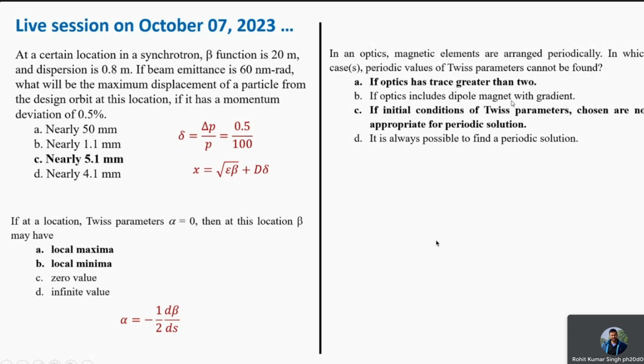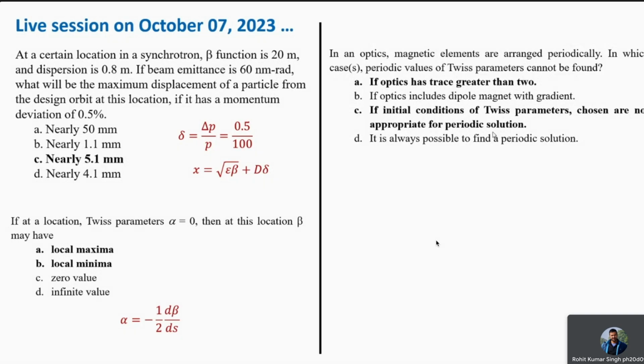If the optics includes a dipole magnet with gradient, no, this is not the case. Even if the optics has a gradient in the dipole magnet, it is just a dipole and quadrupole at the same place, and you can consider it. In that case, you can definitely get periodic solutions. If the initial condition or twiss parameters chosen are not appropriate for a periodic solution, we have discussed it 5 or 10 minutes earlier, that in a ring we have a boundary value problem.